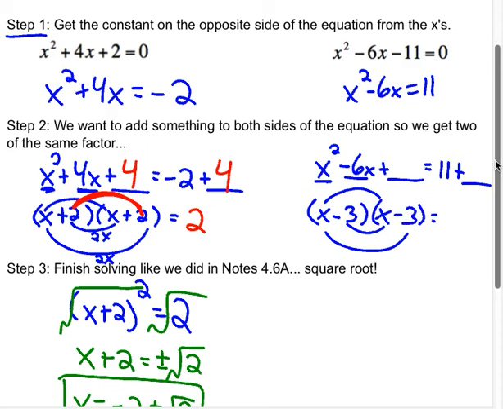It has to split itself up. And finally, the last piece, what I actually have to add to both sides to make this work, comes from that final connection. Negative 3 times negative 3 will give me 9. And that's ultimately what I have to add to both sides to get this process to work.